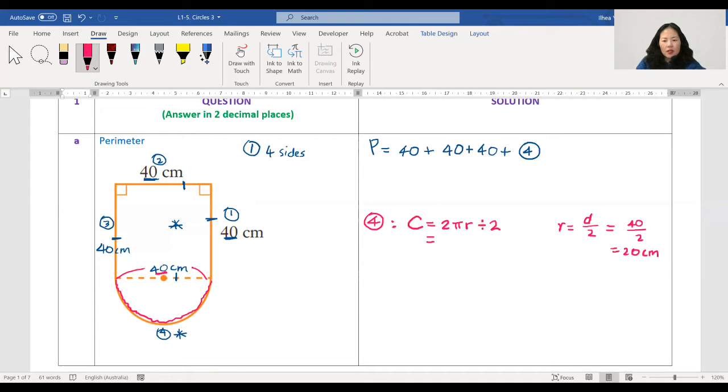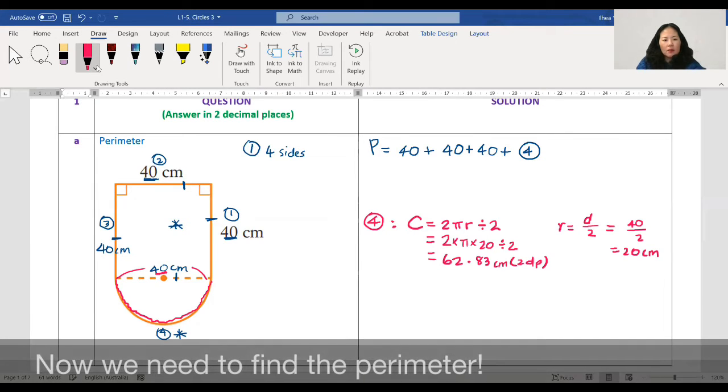So I'm going to put that in this formula: 2 times pi times 20 divided by 2. Now that will give me 62.83 in 2 decimal places, and centimeters.